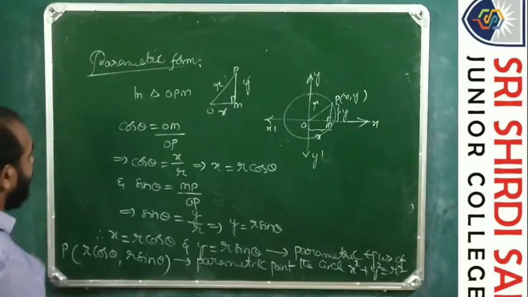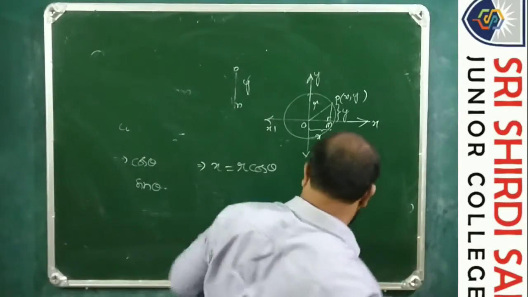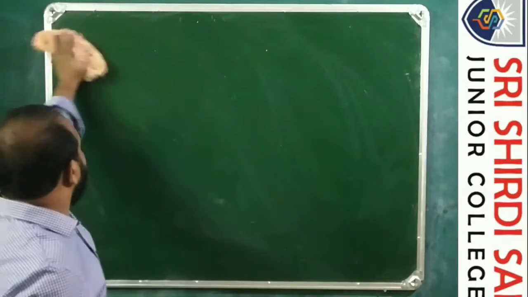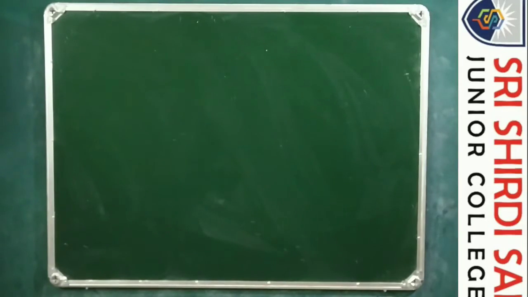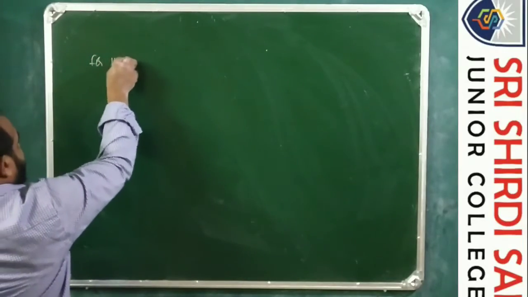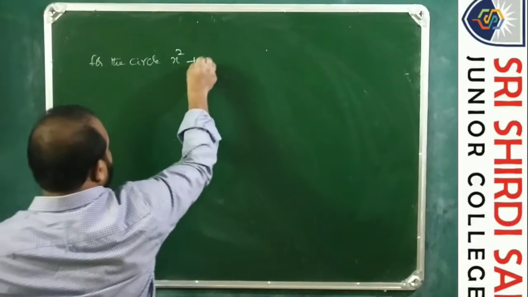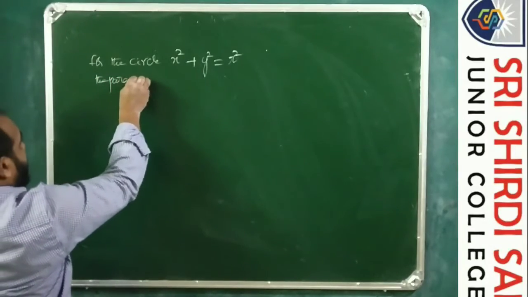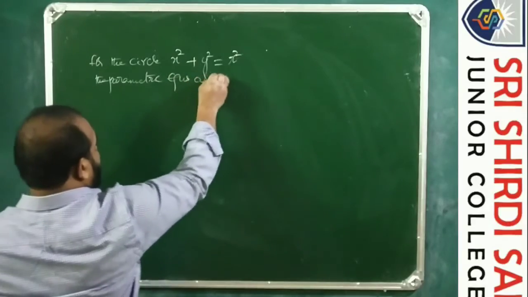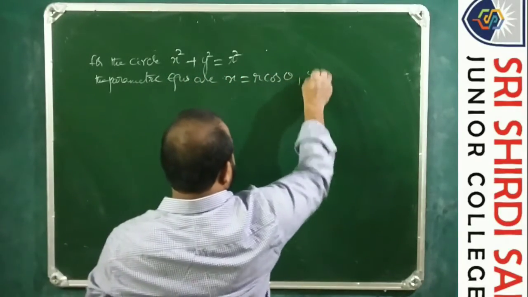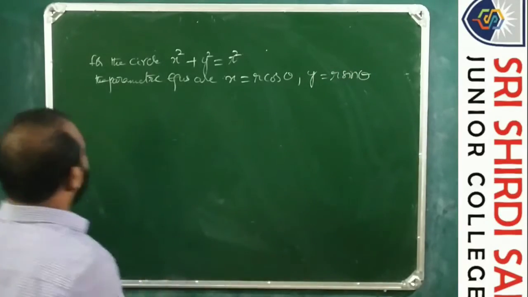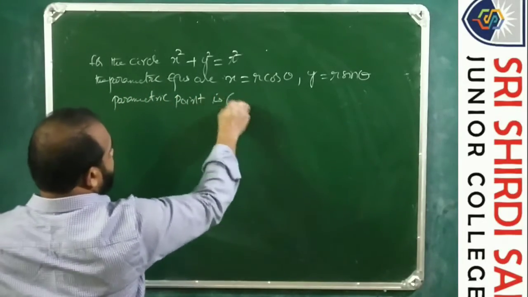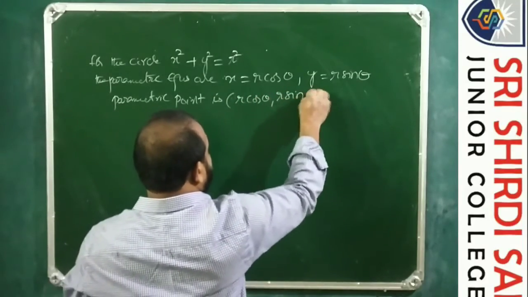So for the circle x square plus y square is equal to r square, the parametric equations are x equals r cos theta, y equals r sin theta, and the parametric point is (r cos theta, r sin theta).